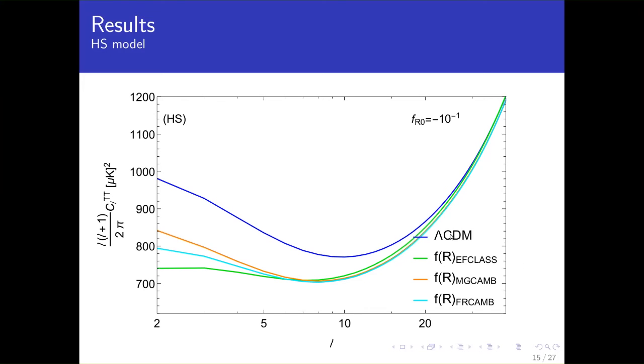Whereas in our approach, we actually solved the equation for the background. And here we are comparing the output for the CMB angular power spectrum from these codes. And there is some disagreement that we attribute to the assumption that the background in this kind of models is taken as lambda CDM, whereas actually it evolves differently.